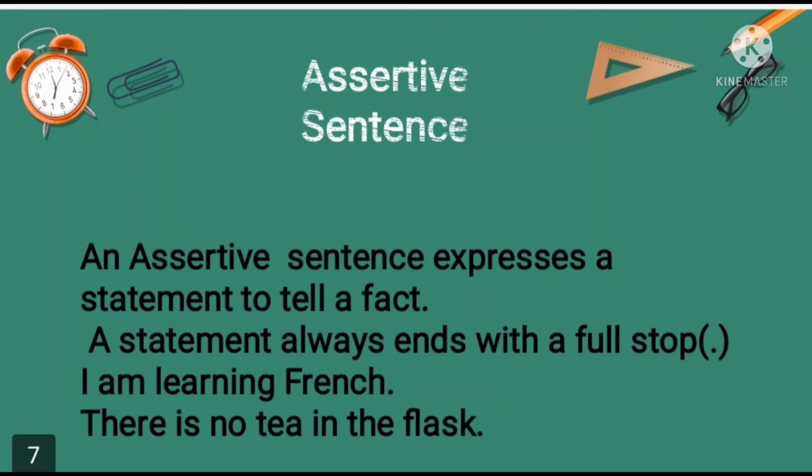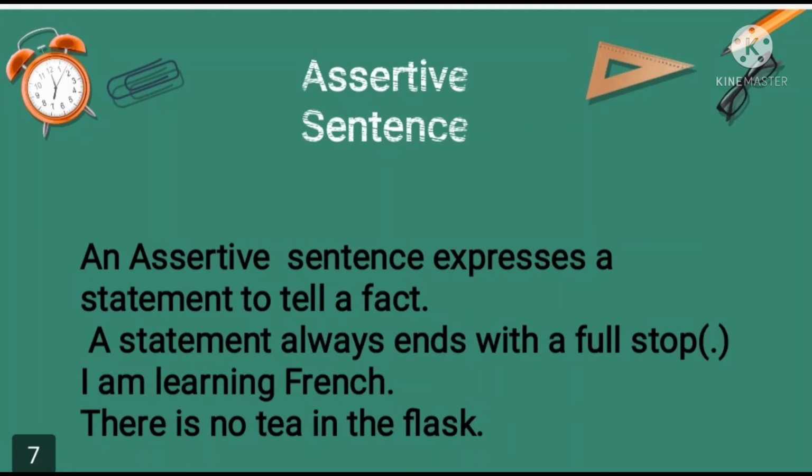Assertive sentence. An assertive sentence expresses a statement to tell a fact. So children, an assertive sentence expresses a fact. A statement always ends with a full stop. For example, I am learning French.